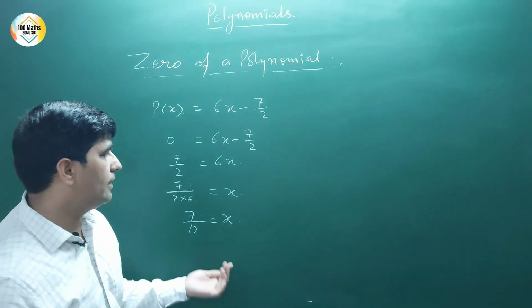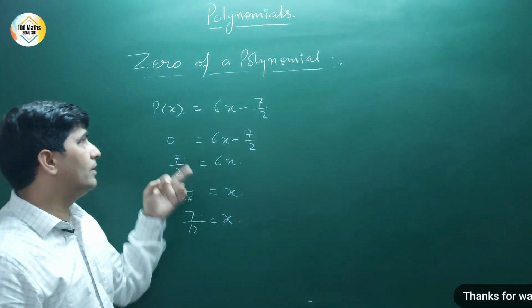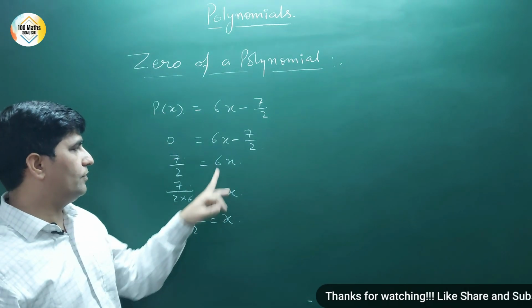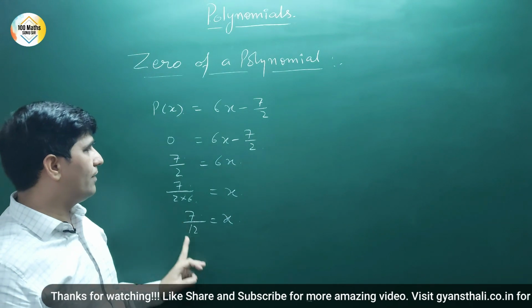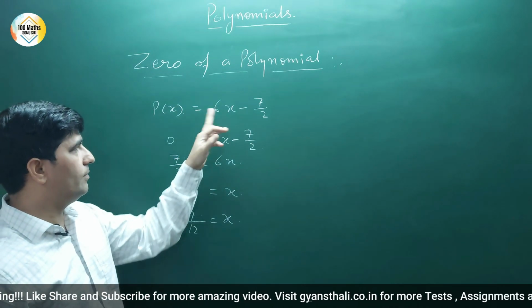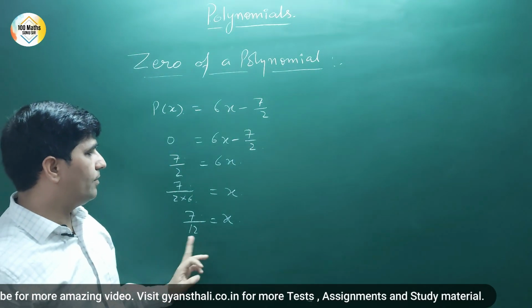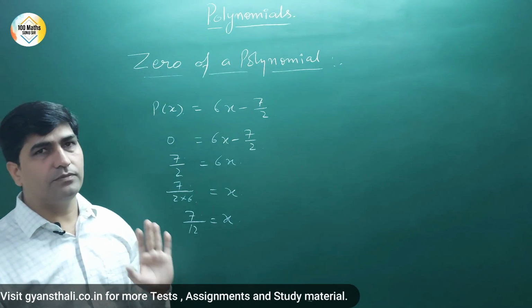And you can check that at x equal to 7 by 12, this polynomial will be 0 if you substitute it in place of x. So 6 into 7 by 12, the 6 and 12 reduce, and it will be 7 by 2 minus 7 by 2, and you can see that it will become 0.